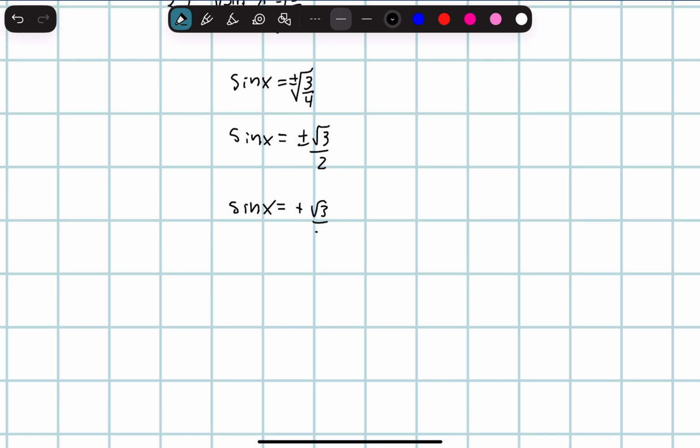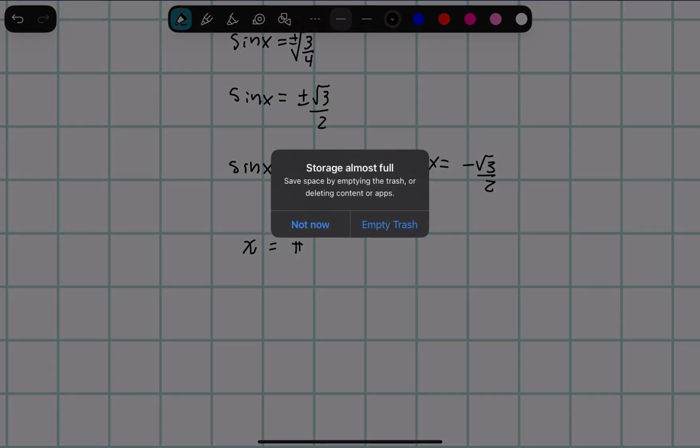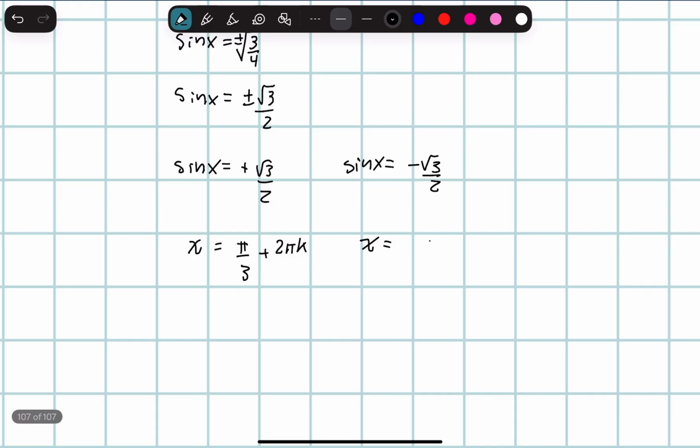So for positive root 3 over 2, and for sine of x equal to negative root 3 over 2, for this case we have x equal to pi over 3 plus 2 pi k. And then for this, we have x equal to pi over 3.